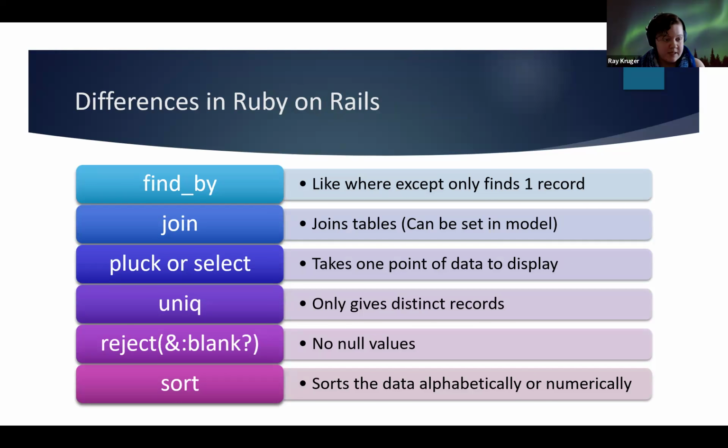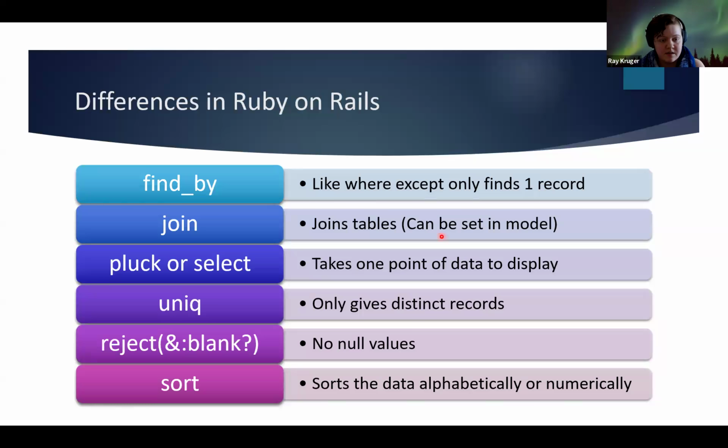So the big differences: instead of where, you can use find_by. It only works if you are looking for one specific record rather than multiple. Where will give you an array of records that you can look at and display, while find_by will only give you one. Join is the same thing.